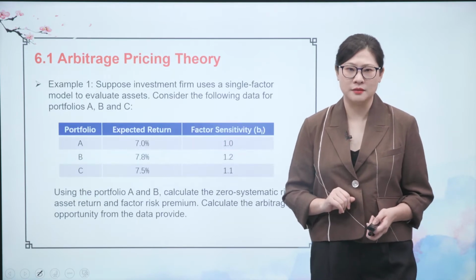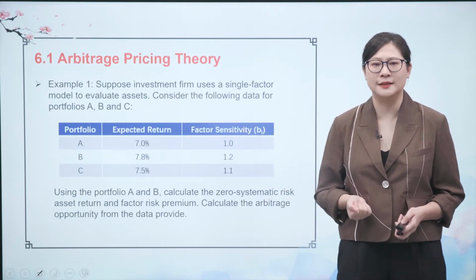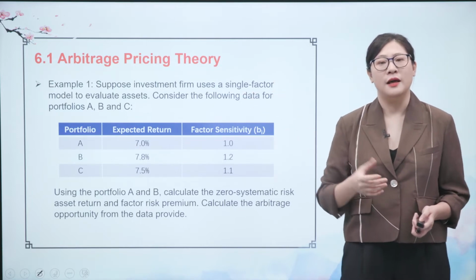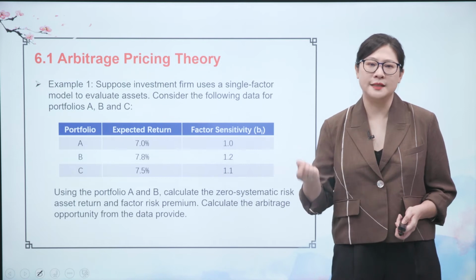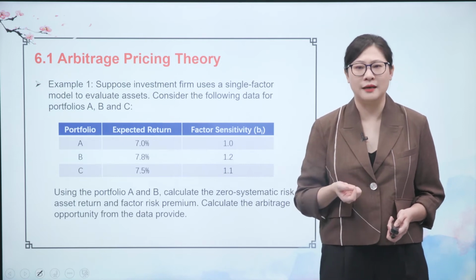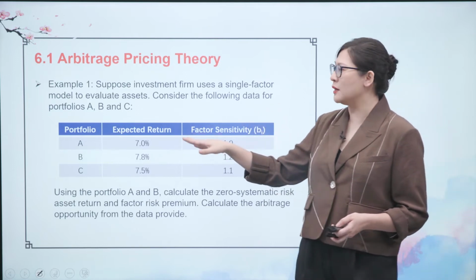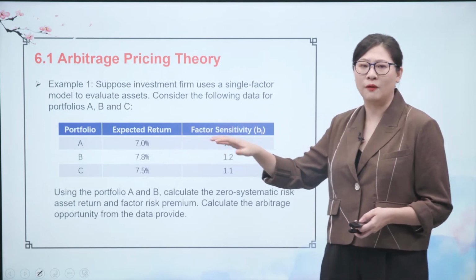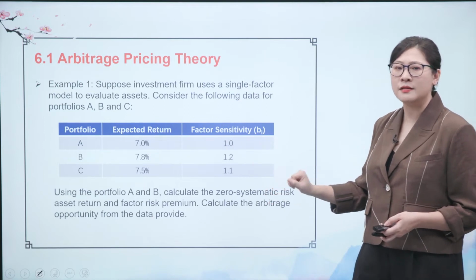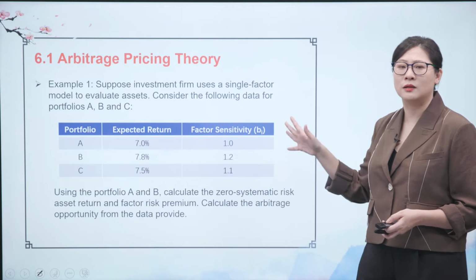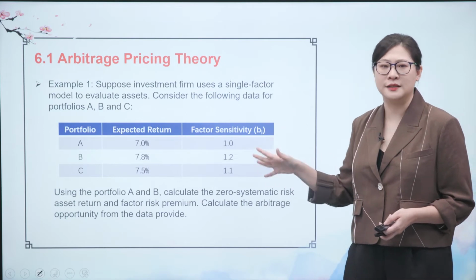So let's have a look at an example for this arbitrage opportunity. Suppose there is an investment firm that uses a single factor model to evaluate assets. Here you can consider there are 3 different portfolios A, B, C, and the expected returns are given to you. And the last column is the factor sensitivity.